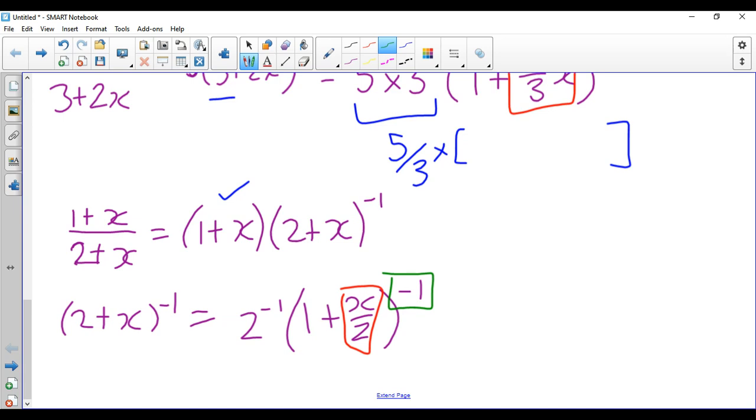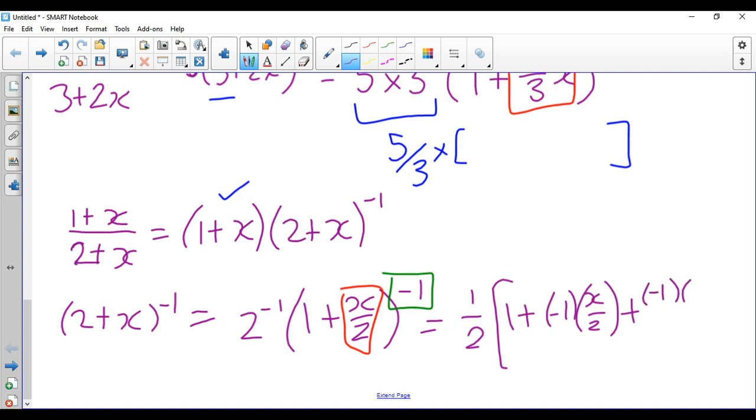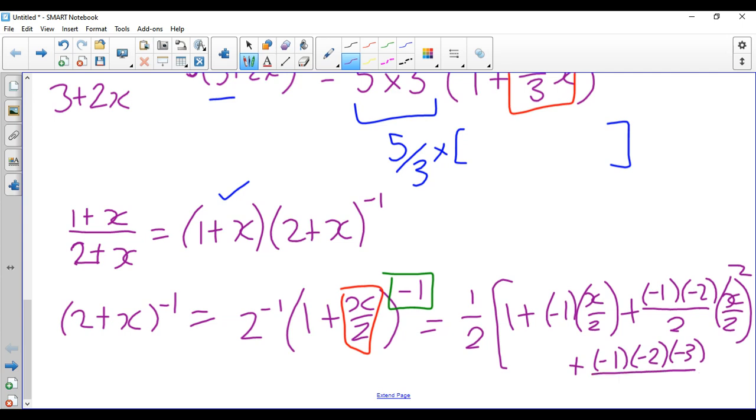Rules of algebra there. So if we work this one out, we will have a half, 1 plus minus 1 x over 2, plus n minus 1, x over 2 squared, plus minus 1, take another one off, minus 2, take another one off, minus 3, over 3 factorial.